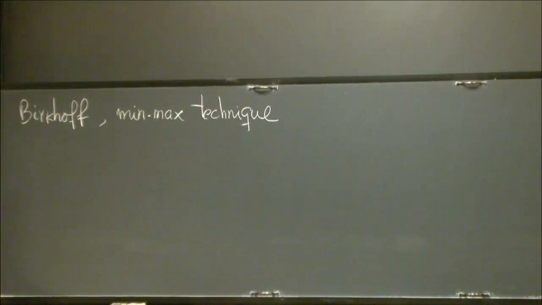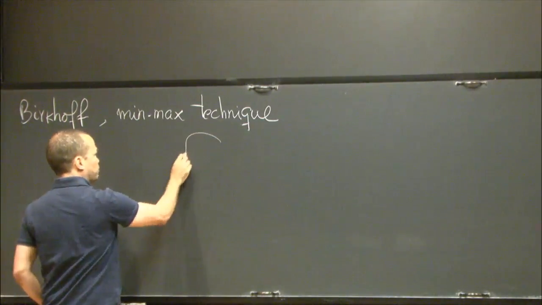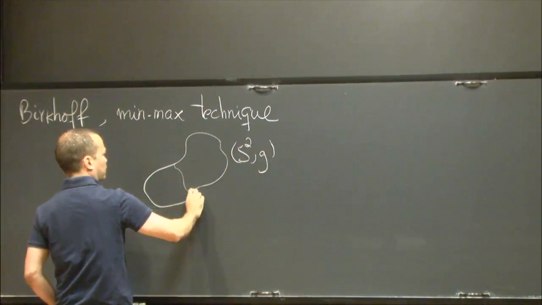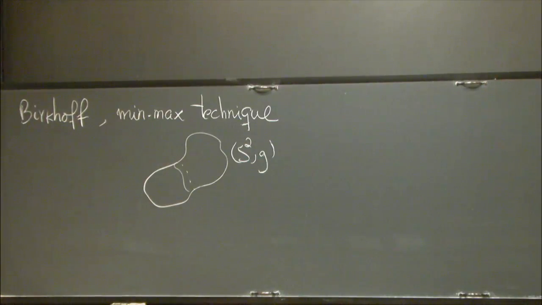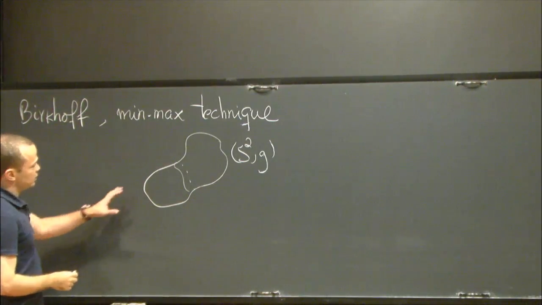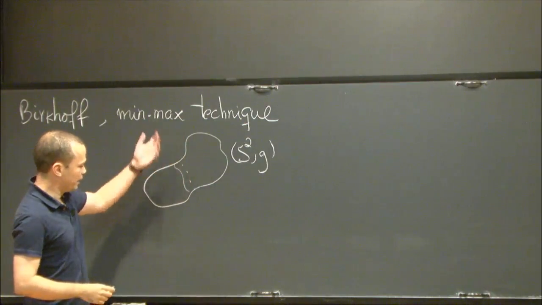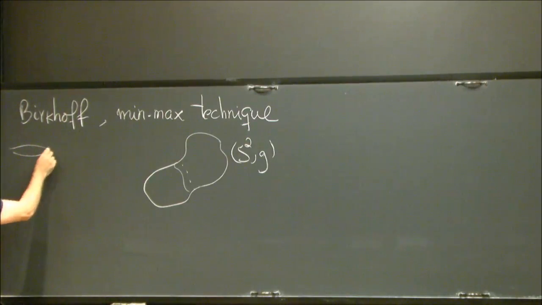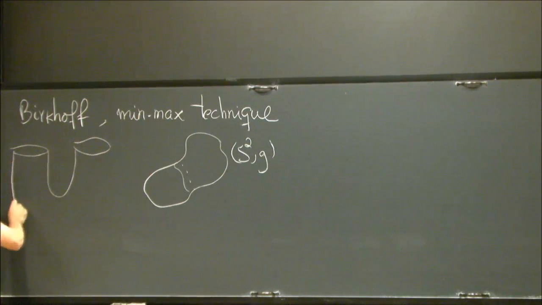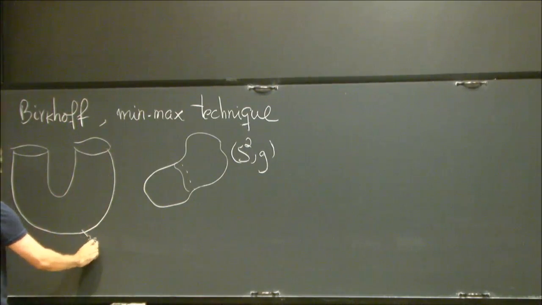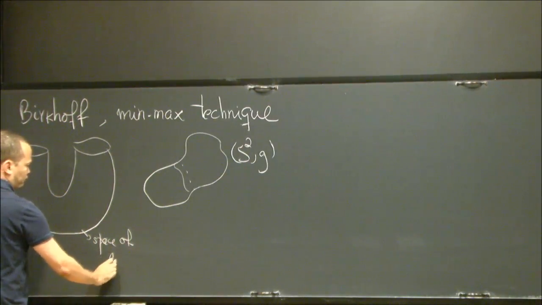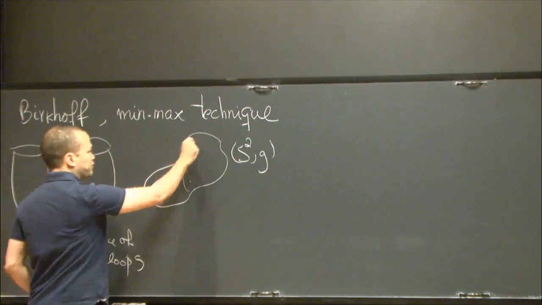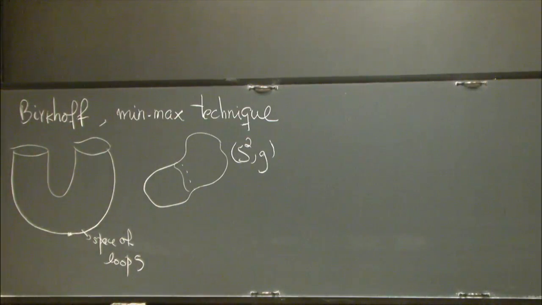So let me explain his idea. You have some Riemannian sphere, and what he realized was that if I consider the space of loops inside that Riemannian sphere, and if I try to draw that space, it would look like this. There's a trivial critical point here, which would correspond to point curves with length equal to 0.